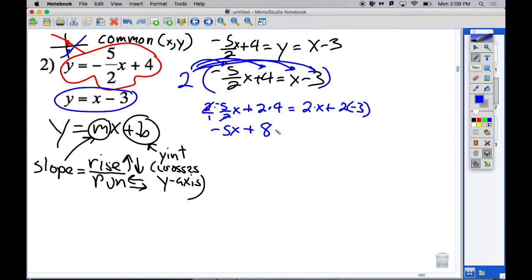So that's 8 is equal to, what's 2 times x? 2x. And then positive 2 times negative 3 is what? Negative 6. Right? Alright, cool. We got rid of the fractions. Now we got to solve for x.